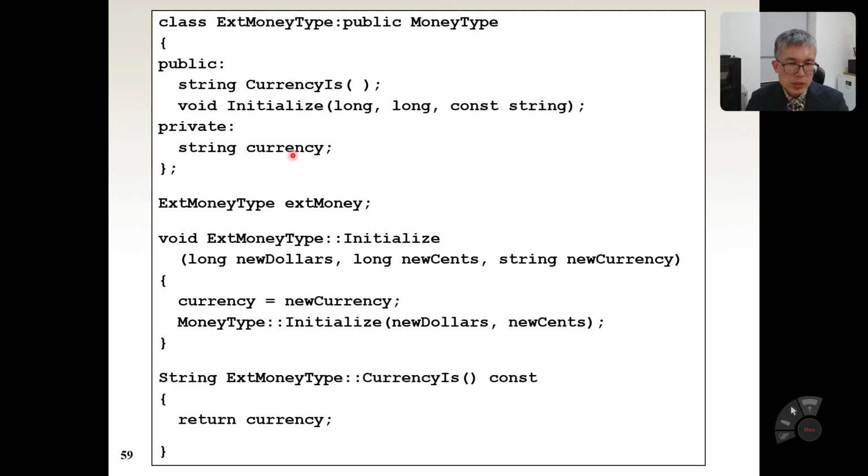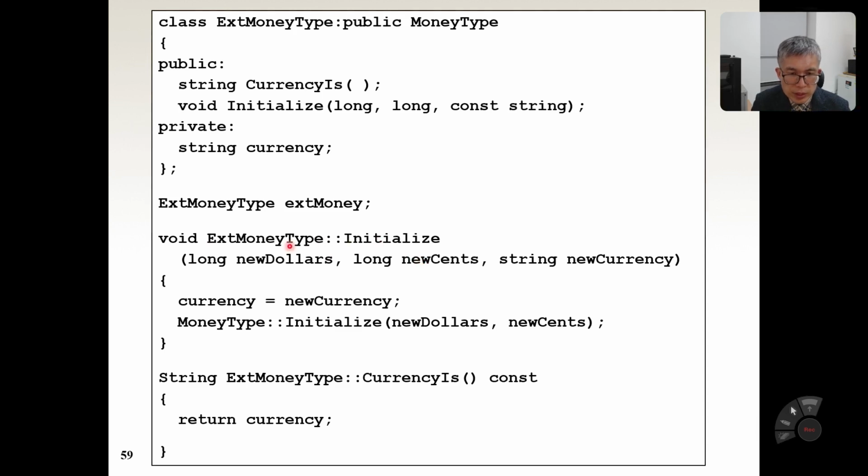Here we can declare the class variable using this extended money type, and below it is the ExtMoneyType member function, with the scope resolution operator, and the initialize function.